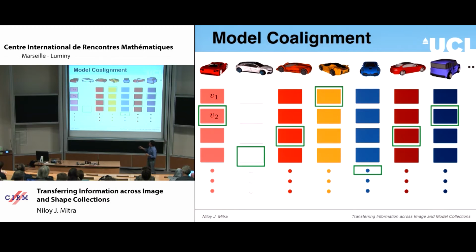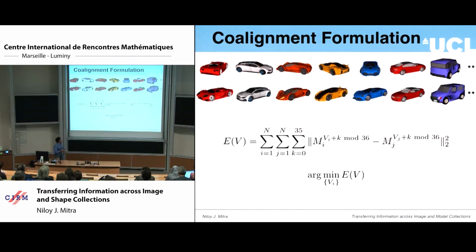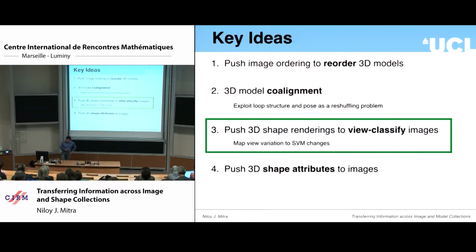So for each case, we are solving for an offset, these green offsets. And you can write this down as a very simple optimization modulo 36, because we sampled by 10 degrees, so 360, and then you can solve this, and this works beautifully directly at the rendered image level. Okay? So we have them consistently aligned, and now we go for the view classification.